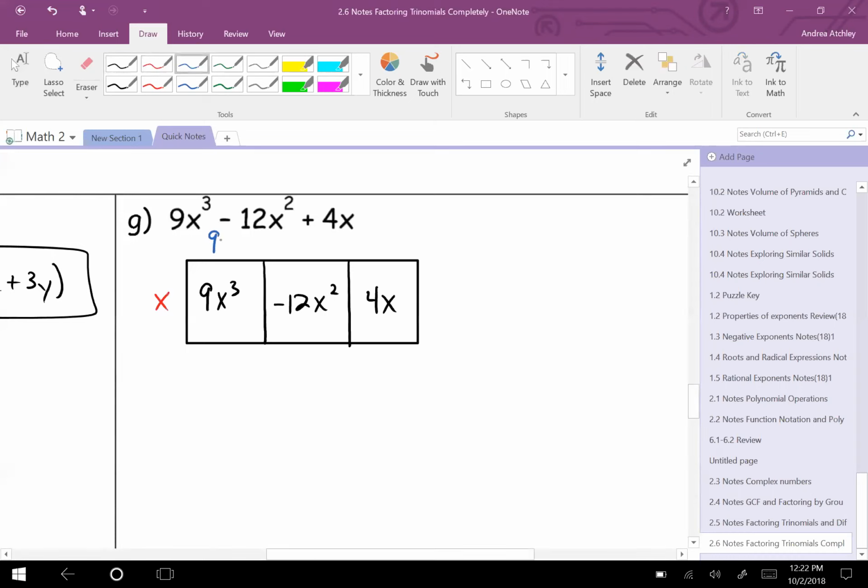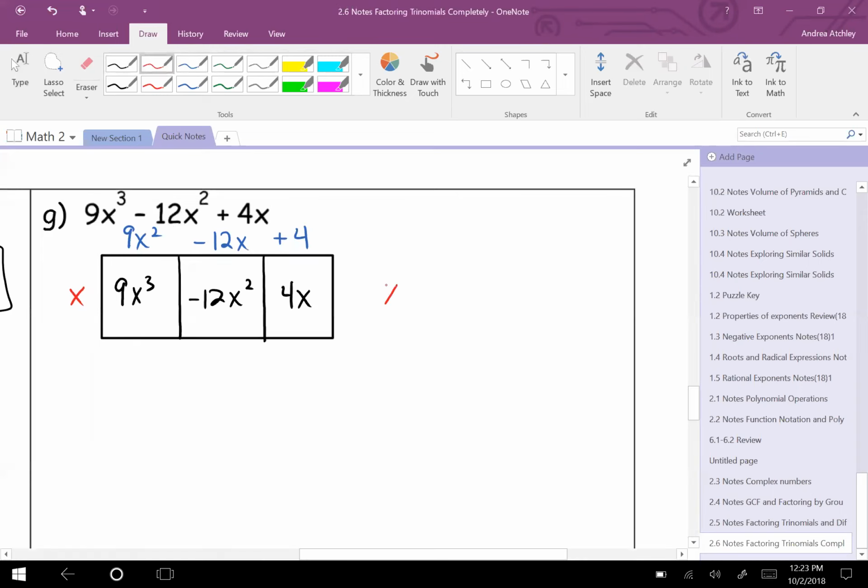And that'll give me 9x squared minus 12x plus 4. So just take away an x from each of them. Any questions? So right now my factors are x times 9x squared minus 12x plus 4.